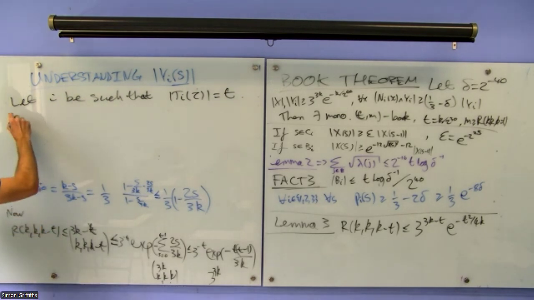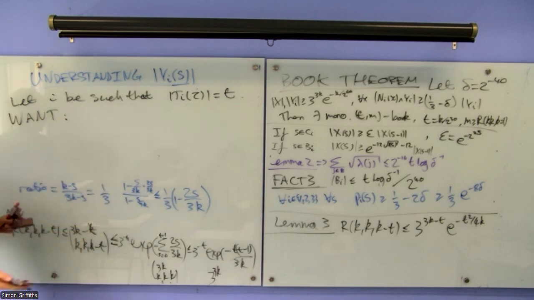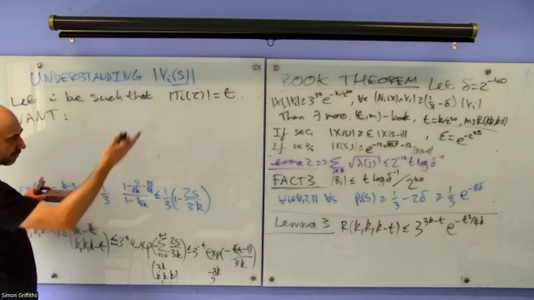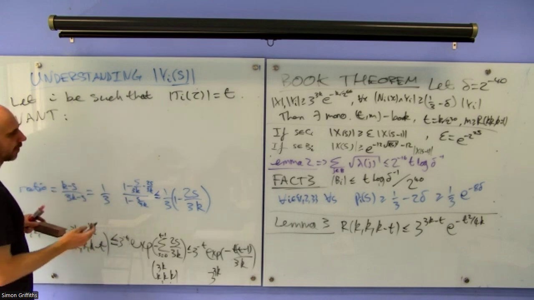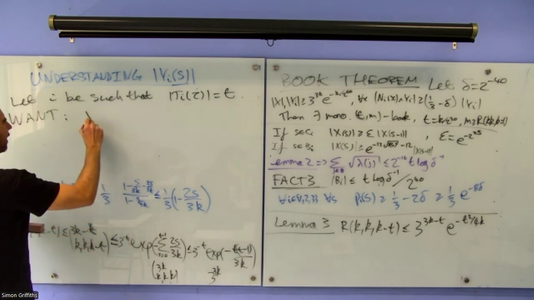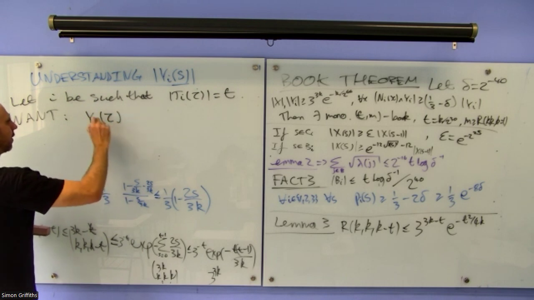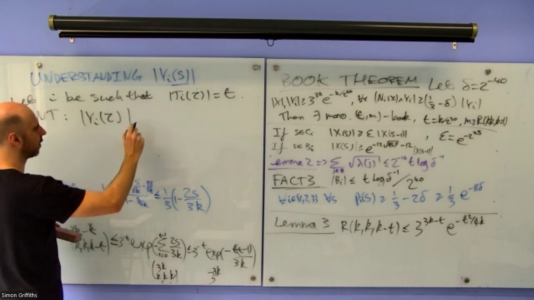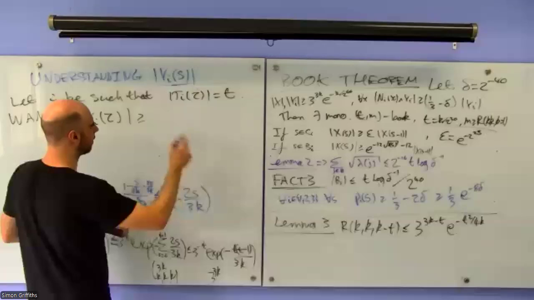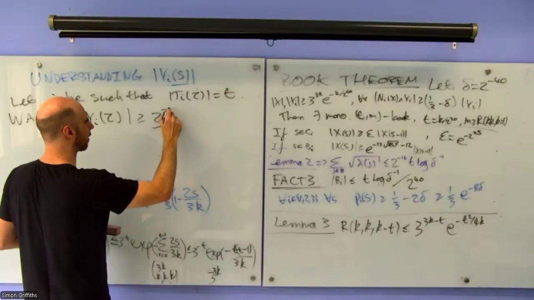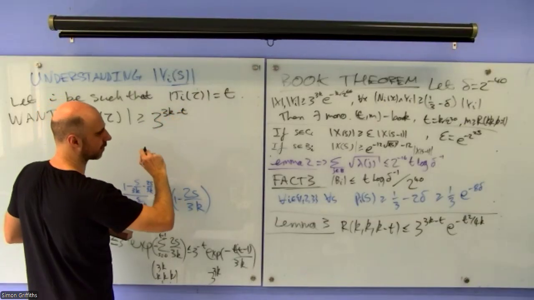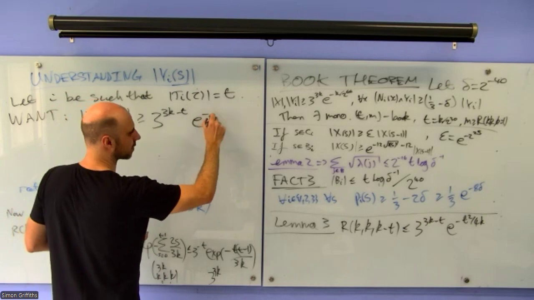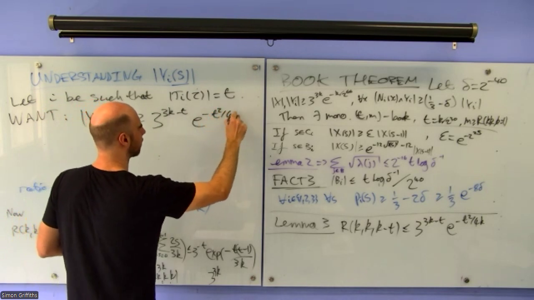All that remains to prove the whole theorem, the book theorem, and therefore the whole theorem, is the following. At that same time, the other side of the book is at least this value, 3 to the 3k minus t, e to the minus t squared over 4.